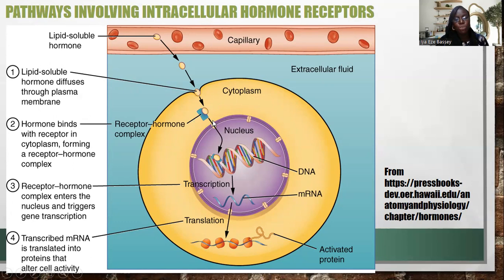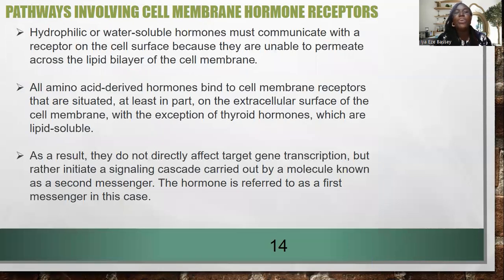This now moves into the nucleus and triggers gene transcription of the DNA. Okay, that gene is transcribed into an mRNA, which is translated into proteins that can alter cell activity, right? You can see the activated protein. So that is for pathways that involve intracellular hormone receptors.